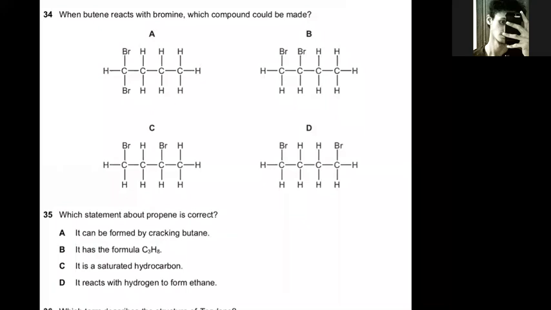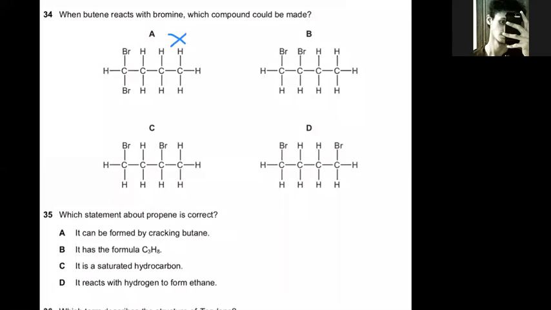When butene reacts with bromine, which compound could be made? Butene is an alkene, so with bromine, butene undergoes an addition reaction. The double bond is broken, and bromine is attached to the 2 carbon atoms which had the double bond. So bromine should be attached on 2 carbon atoms that are next to each other. In A, bromine is attached on the same carbon atom, so A is not correct.